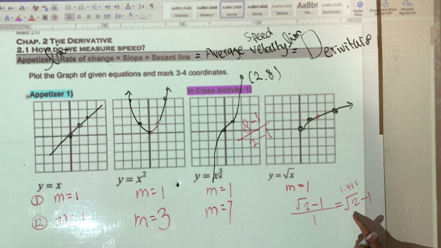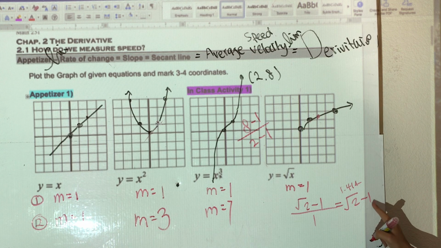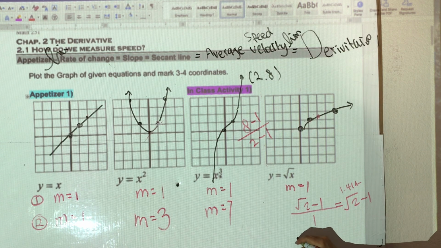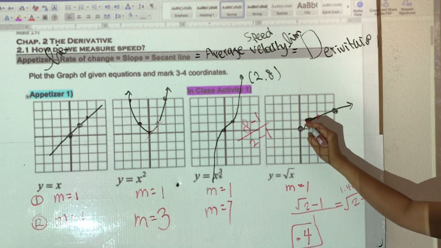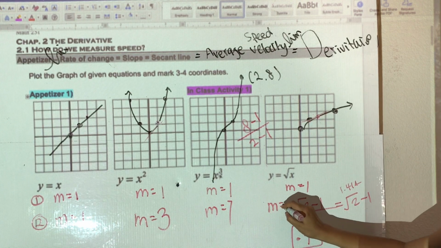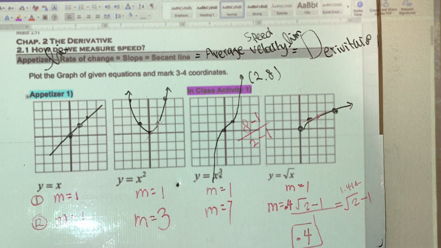So I get 1.414 minus 1, which is going to be 0.4. So I get slope as 0.4. This time my slope is 0.4. I should organize better.